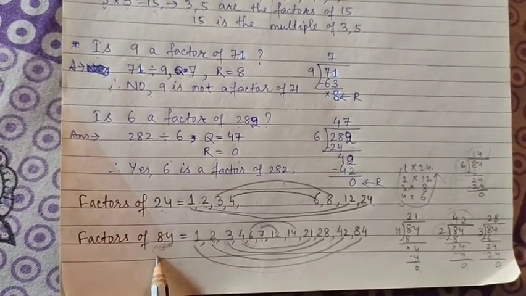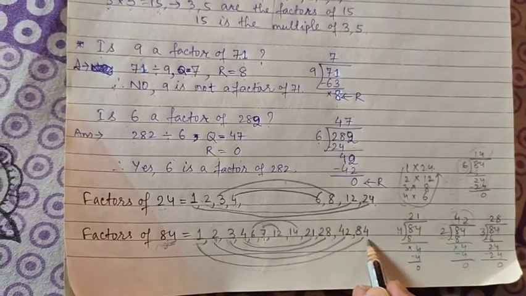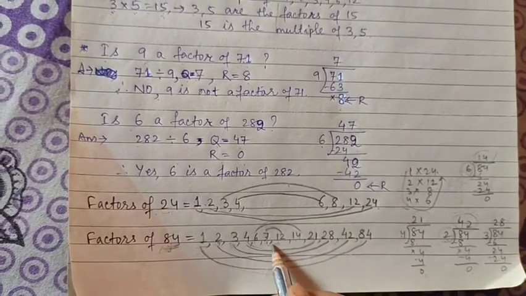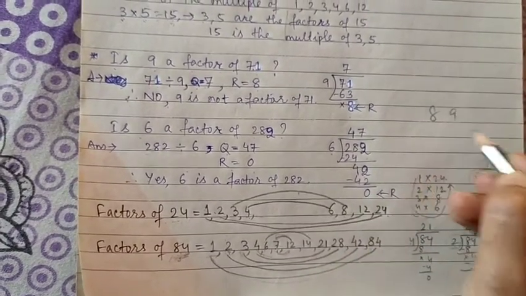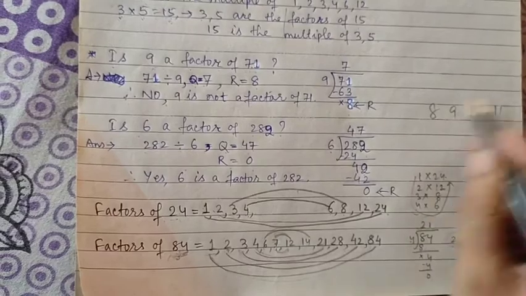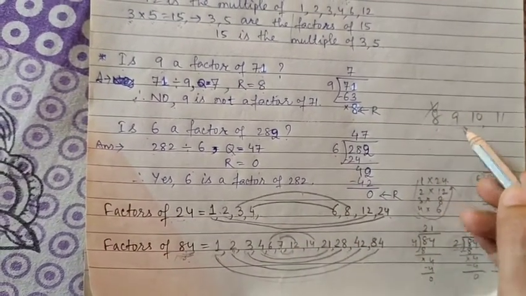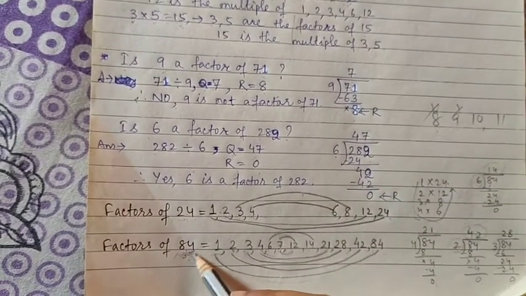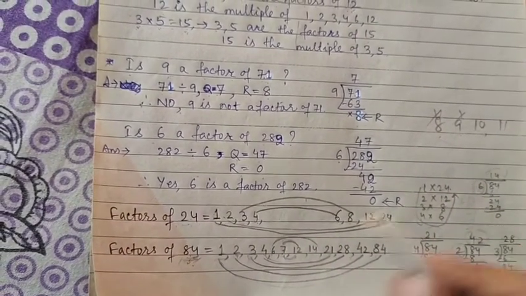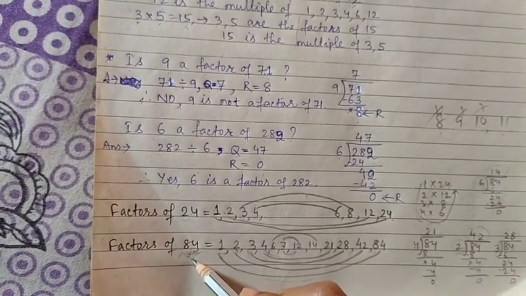So from the left hand side we have found up to 7. From the right hand side we have found up to 12. So 7 और 12 के बीच में और क्या क्या बचा? 8, 9, 10, 11 जिसे चेक करना है. 8 के टेबल में 84 नहीं आता, सो नो. 9 के टेबल में 84 नहीं आता, नो. 10 के टेबल में सी 0 नहीं है, सो this is not a factor. 11 table also we do not get 84.